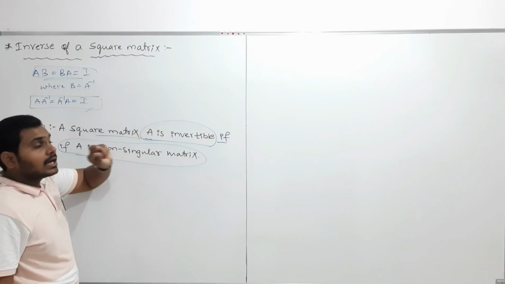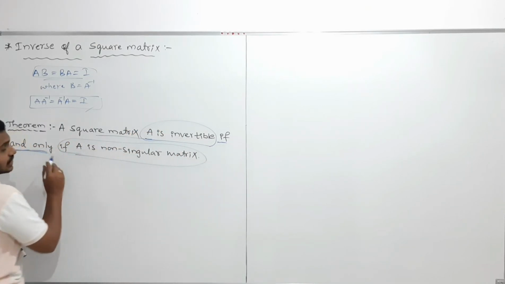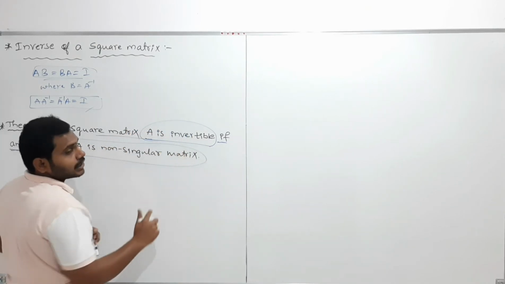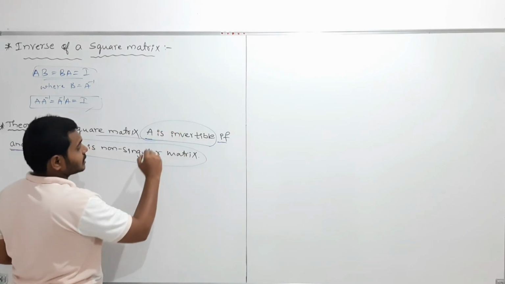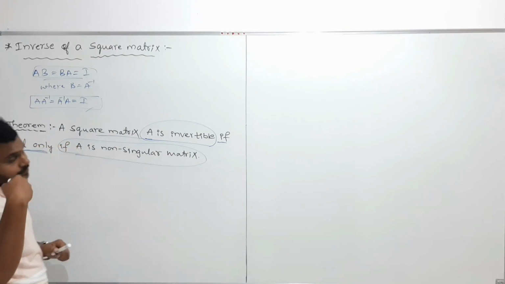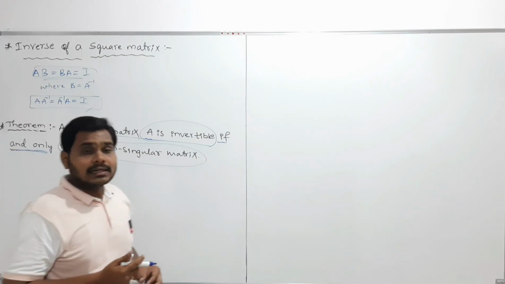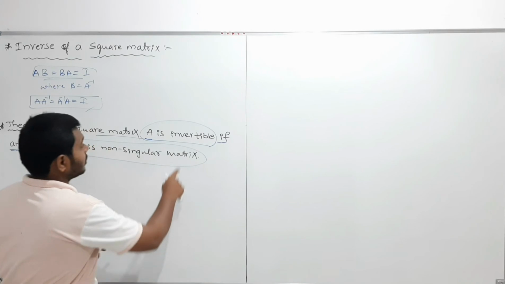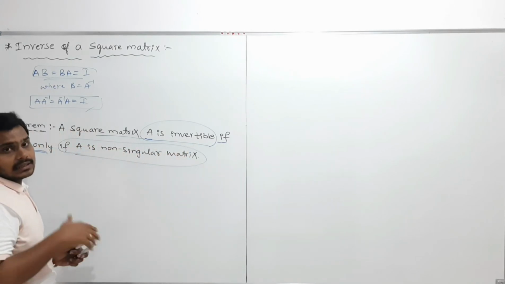Whenever you have if and only if conditions, you can divide the statement into two parts. I can call this the first part and this the second part. Clear? When you go to higher classes, you will come to know why we use this type.